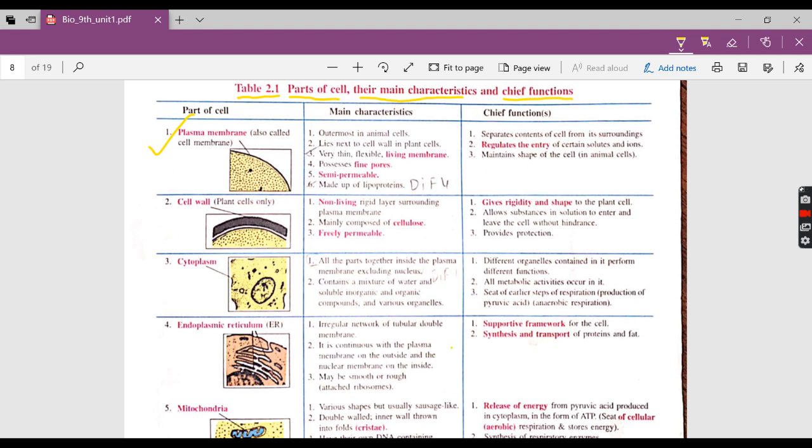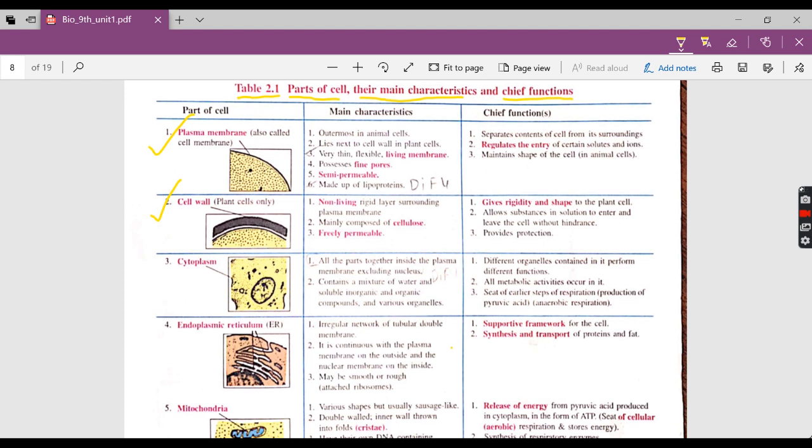It is found both in animal and plant cells, and it is the outermost layer in animal cells, but it lies next to the cell wall in plant cells. It is semi-permeable in nature and has fine pores. It is living in nature. It regulates the entry of certain solutes and ions, and it maintains the shape of cells.